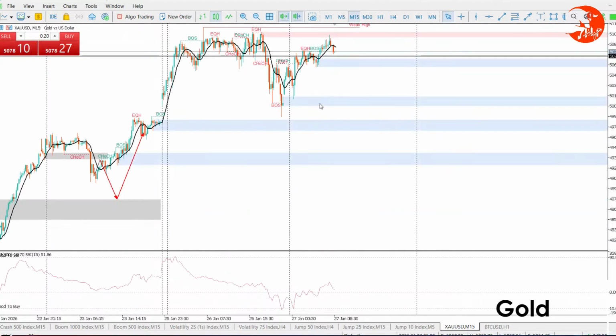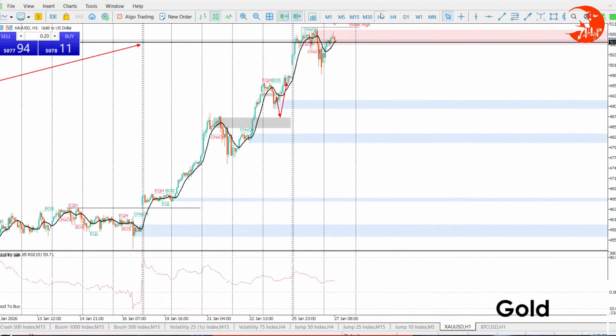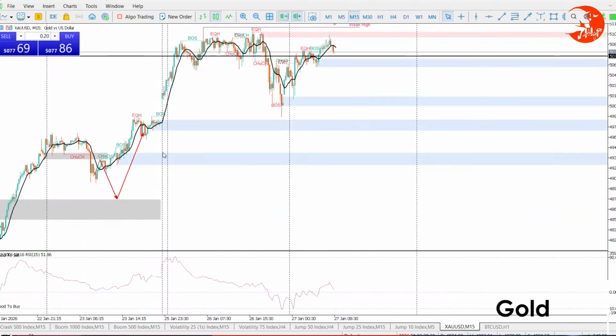So looking at H1, Friday we were here, we wanted buys, we wanted a pullback here, then we can continue with buys. It failed to give us exactly what we needed. It actually came around there. There was a fair value gap here that it grabbed liquidity onto, then it later dropped. It went back into an uptrend.